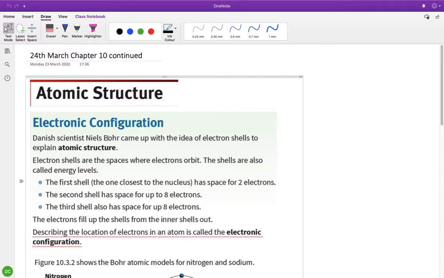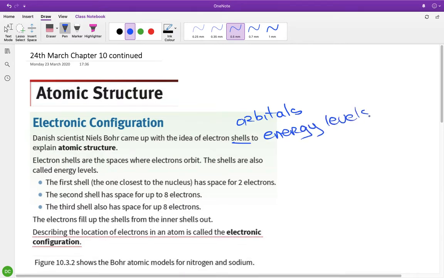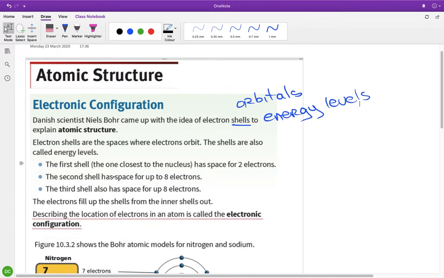And it was Bohr that came up with this idea of shells. They're sometimes called orbitals, sometimes called energy levels. They were kind of in little orbits, like the rings of Saturn. So electron shells are the spaces where the electrons orbit. The shells are also called energy levels, as I just said.